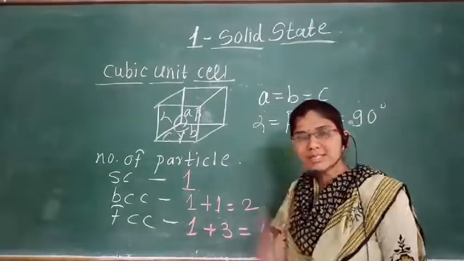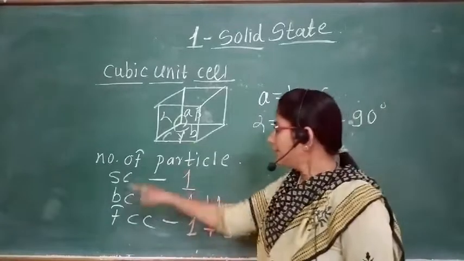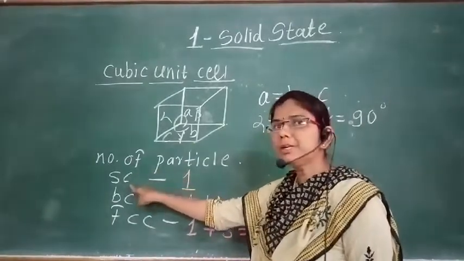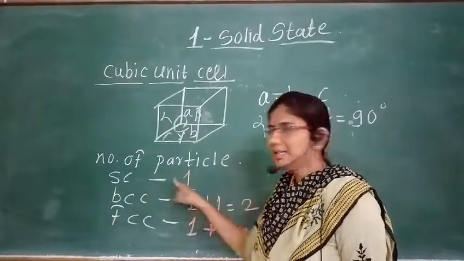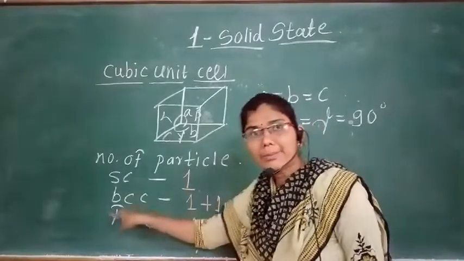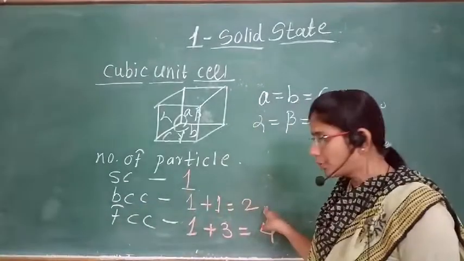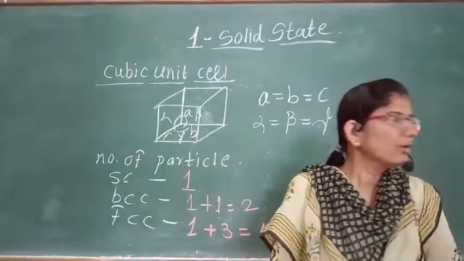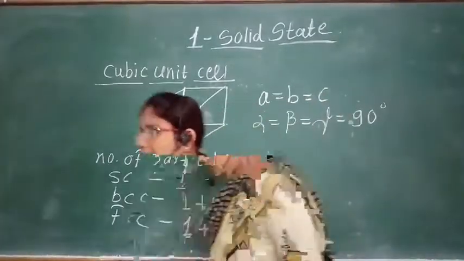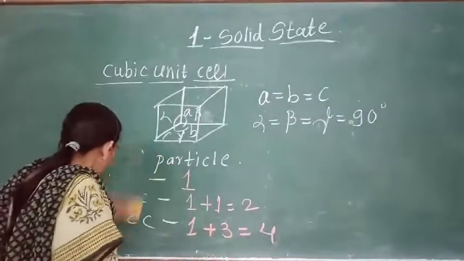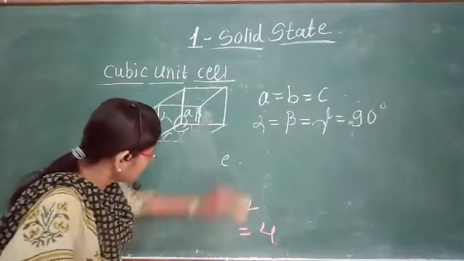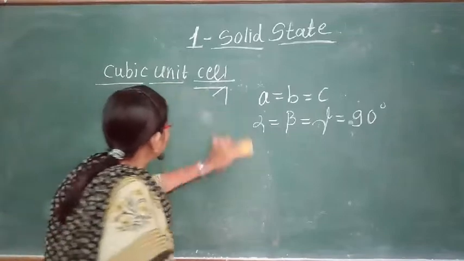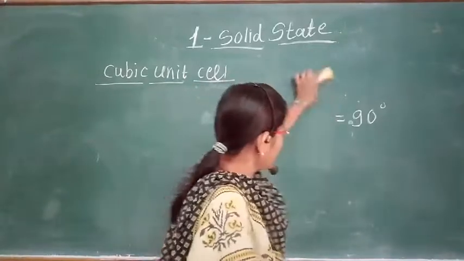Therefore you must remember that the number of particles per unit cell for SCC is 1, for BCC is 2, and for FCC it is 4. So dear student, this is the number of particles we discussed in our last lecture.